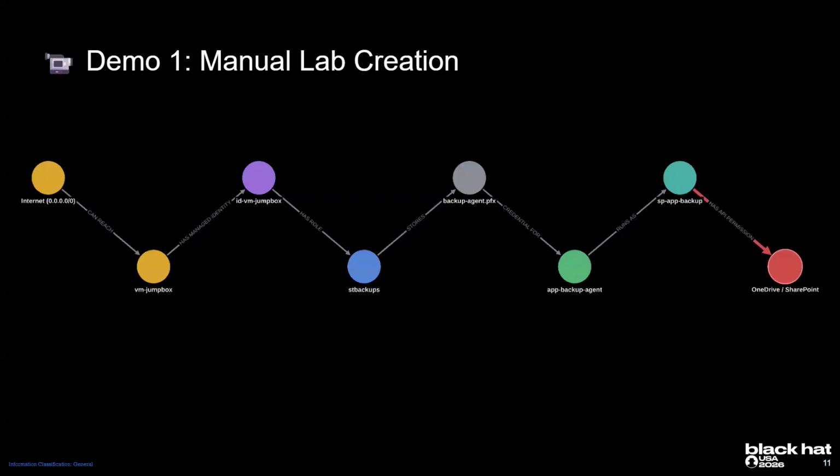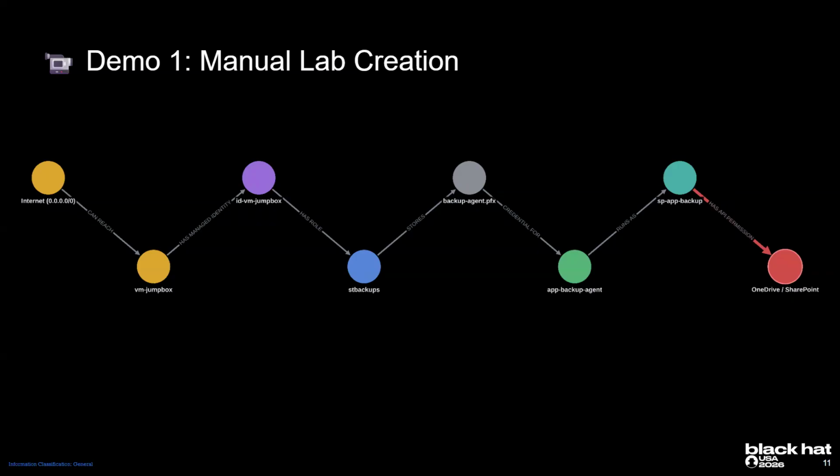So now let me show you how BadZure can create a real attack path. Here's what we have in this first demo. Let's take a look at this graph. Let's say we have a VM exposed to the internet, which sometimes happens, right? This VM has a managed identity, and that managed identity has a role that allows it to read a storage account.